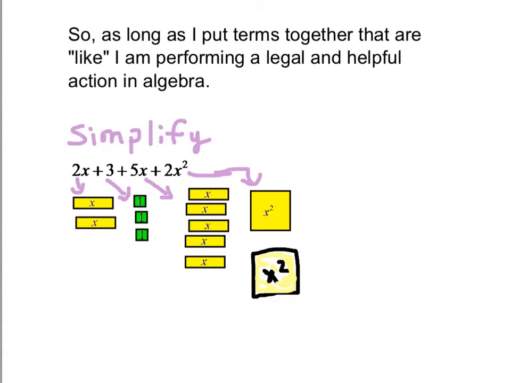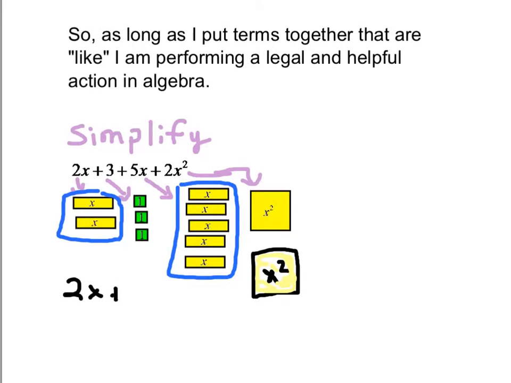And so visually, it's pretty obvious what goes together here. I can put together these two x's with these 5 x's, but otherwise I can't put together ones. I can't put together these ones with these x squareds, nor can I put together these x's with the x squareds because they're non-like terms. So basically what's going on here is I'm rearranging this expression to put my like terms together, but I don't have to actually do this when I'm doing the homework.